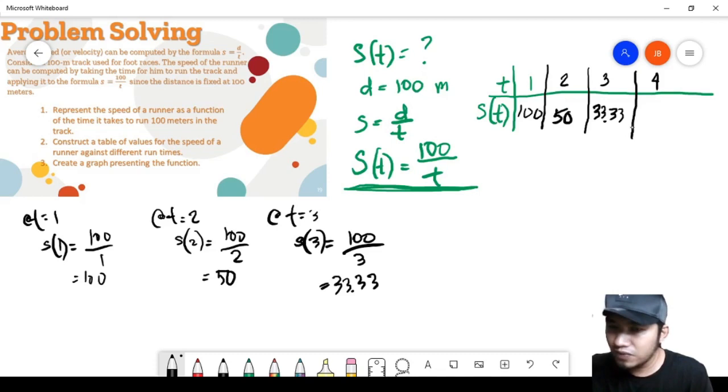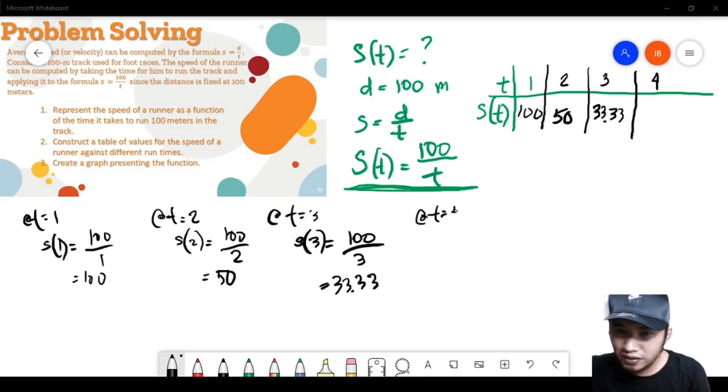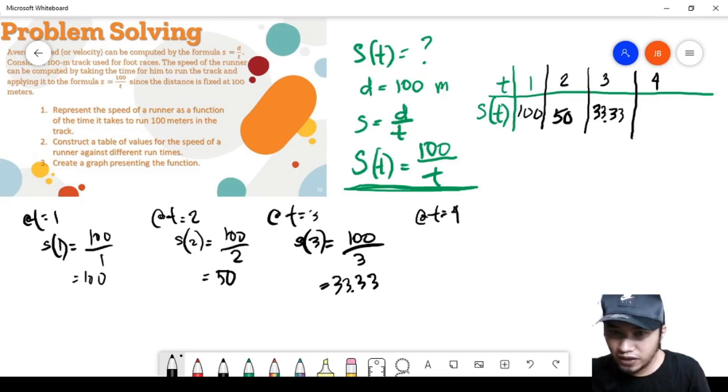At time is 4 seconds. Okay? Ano yung speed niya? Tataas kaya? S of 4 is equal to 100 divided by 4.